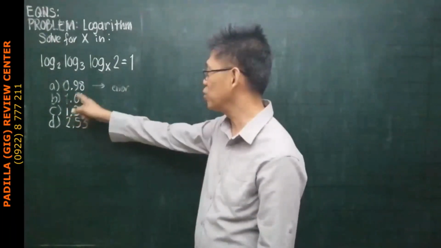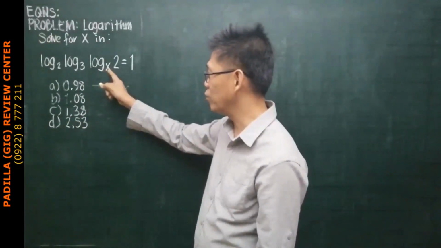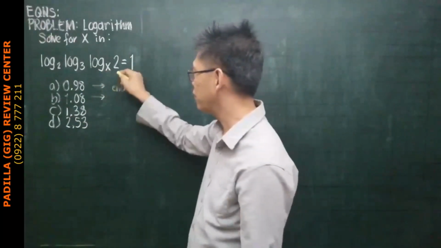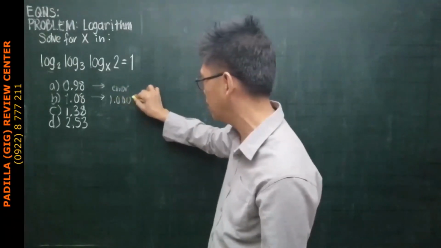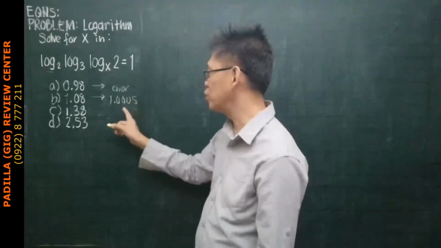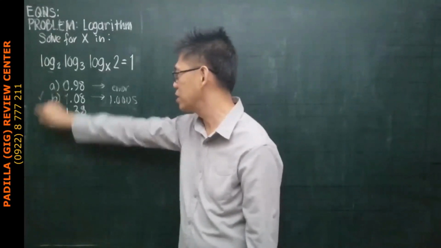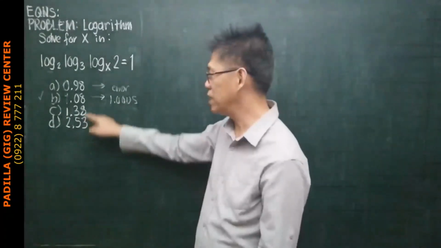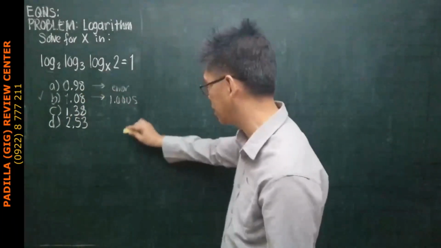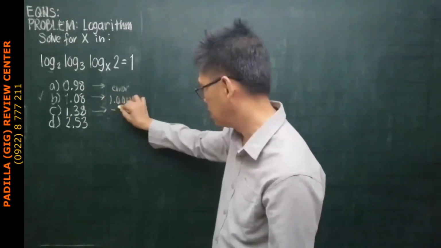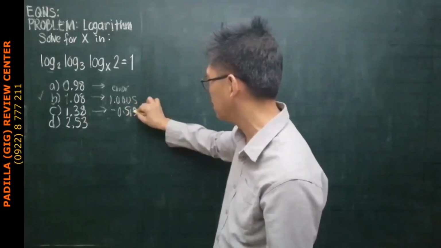Then you try substituting 1.08 for x, you'll get for this quantity 1.0005. So close to 1, so this is most likely. But you finish the trial, 1.38 for x, you'll get here negative 0.5194.